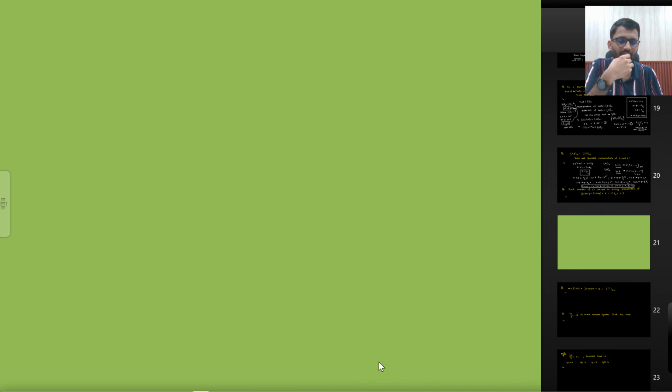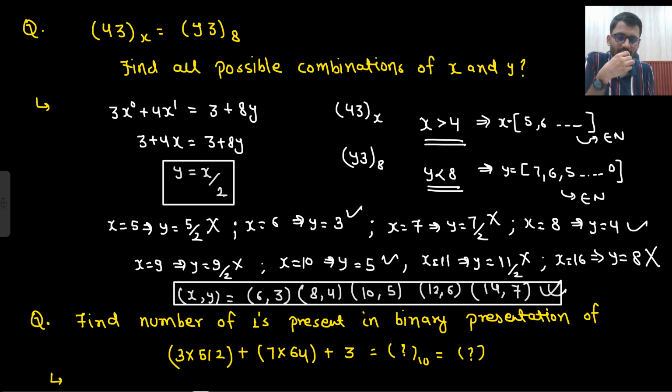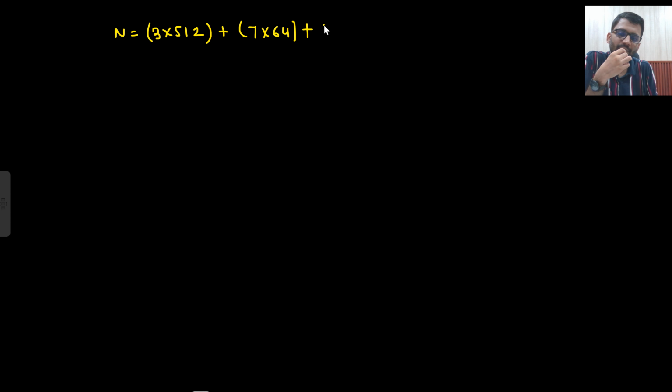So let me add a page. So what is the given number? The given number is 3 into 512 plus 7 into 64 plus 3.